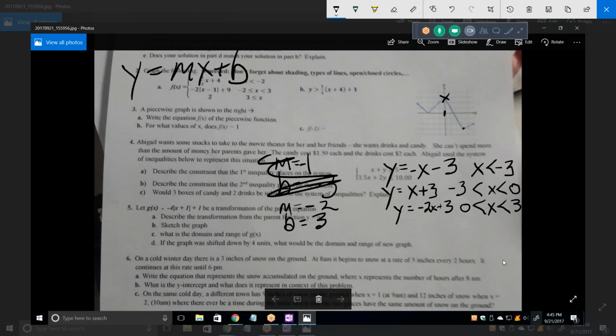Almost done. I only got one more zone. What is it? So this last area here. So x is greater than 3.